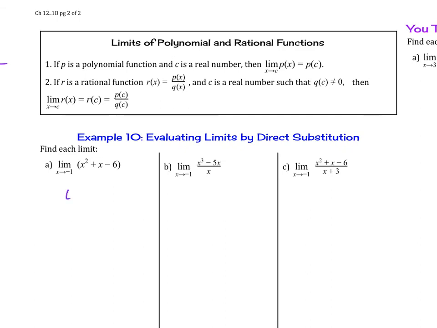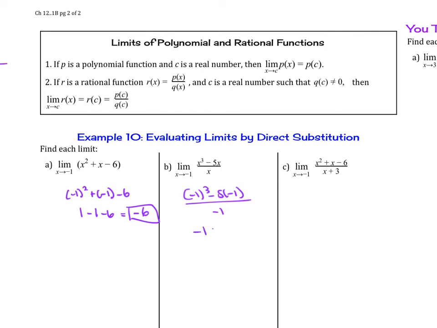So letter A, let's just plug it in. Negative 1 squared plus negative 1 minus 6. So this is 1 minus 1 minus 6, so the answer is negative 6. For letter B, let's plug in negative 1. Negative 1 cubed minus 5 times negative 1, over negative 1.